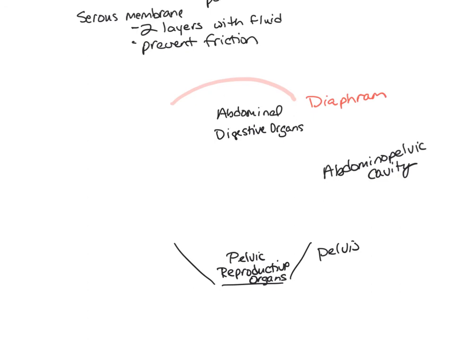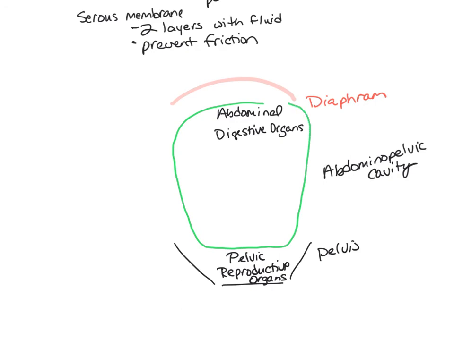The serous membrane associated with the abdominopelvic cavity, however, does not contain all of the organs from the abdominal cavity and the pelvic cavity inside it. Instead, it contains many of the abdominal cavity organs and some of the pelvic cavity organs.